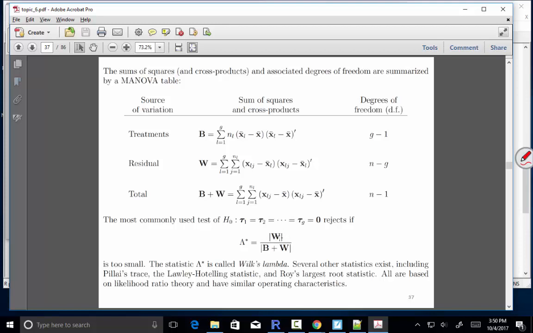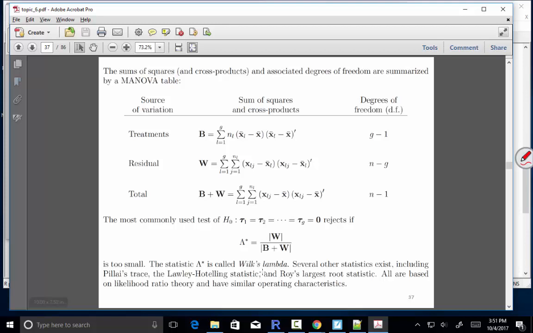Think of the determinant of a matrix as the magnitude of the matrix, roughly speaking. So it's the magnitude of the within group variability divided by the magnitude of the B plus the W, so the total. Because of the way this is constructed, we'll interpret small statistics as evidence against the null hypothesis.